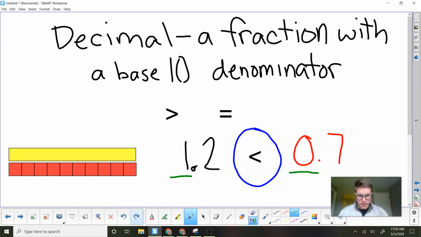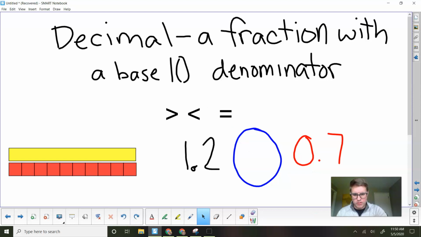So now we have to compare. Which is bigger, Johnny? 1 or 0? You're right. 1 is bigger than 0, which means 1.2 is greater than 0.7.